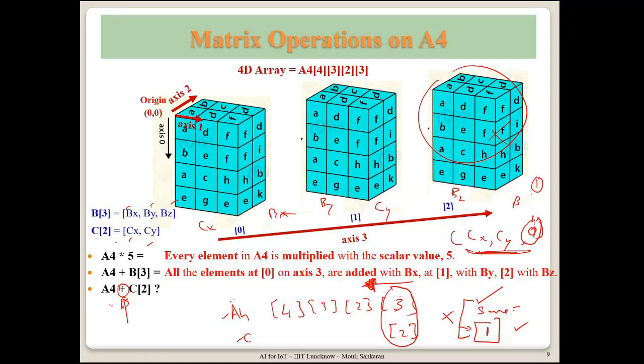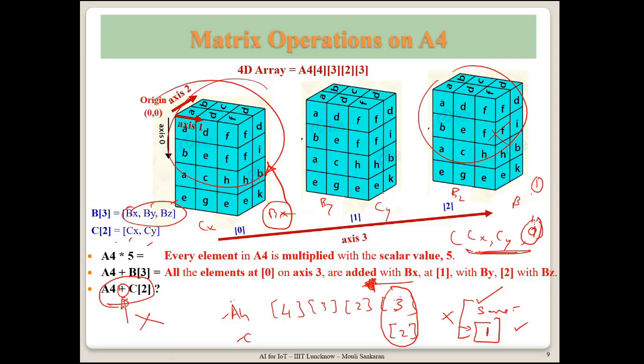So if you try to do this operation, broadcasting means nothing but, even though the value is not given, you are assuming that the value is there for everything. In our case, only bx, by, bz was given, but I assume that the bx is there for all of them. I applied that scaling for all the matrices, though the user did not give me the exact same size of matrix.